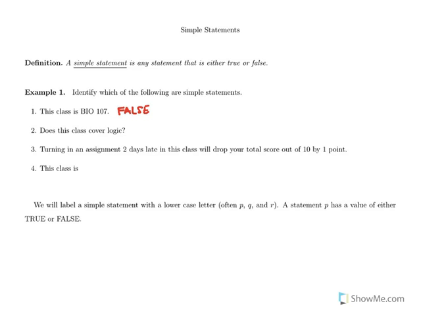Next one is, does this class cover logic? You cannot attribute the words true or false to that. This is a question. So this is not a simple statement. It is a question.